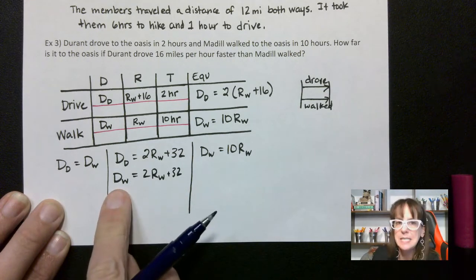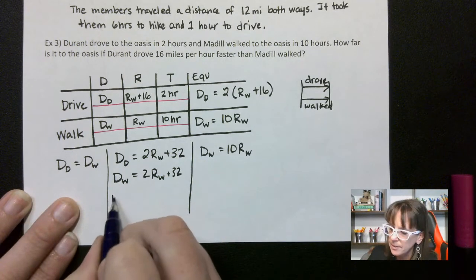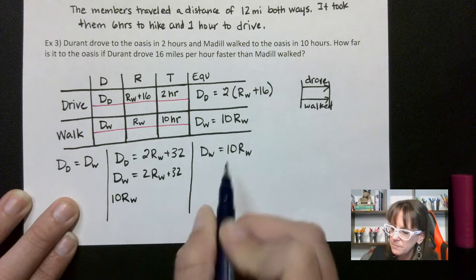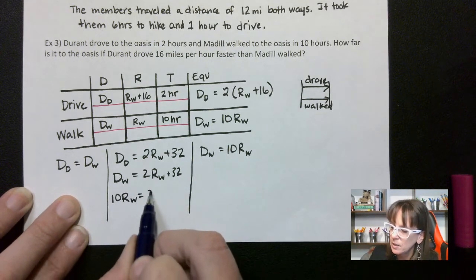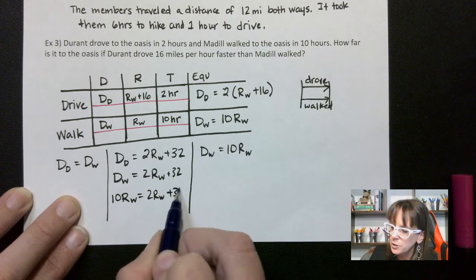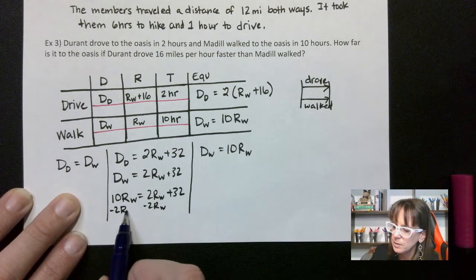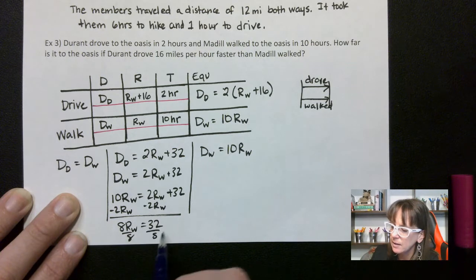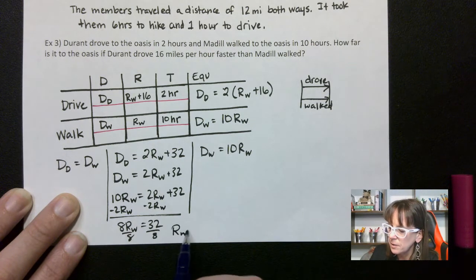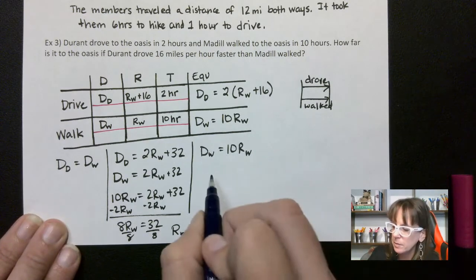And now if we know DW is 10RW, we can just substitute that in. 10RW, so I took this and plugged it in for that there because these guys are equal, equals 2RW plus 32. Minus 2RW, minus 2RW. 8RW equals 32. Divide by 8. Divide by 8. RW equals 4.